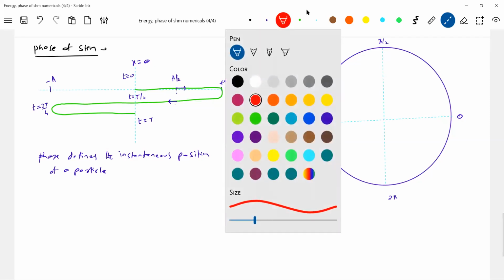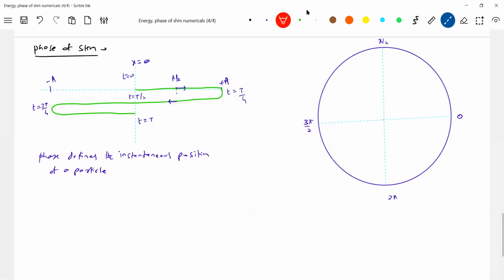We are just bringing in all the conditions so that it will be easy for us to learn. This is the upper extreme, this is the lower extreme, and this is mean. Don't write mean here; this horizontal line itself is the mean.